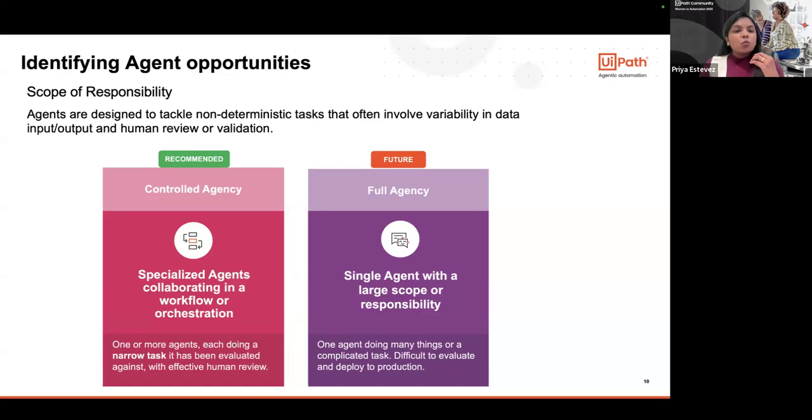That way, you do one specific narrow task, and it can be evaluated with effective human review as well. In the future, there will be full agency, where a single agent can have a large scope of responsibility. But since we are in the infancy stages of agentic AI, I would highly recommend using controlled agency for that specific scope of process.